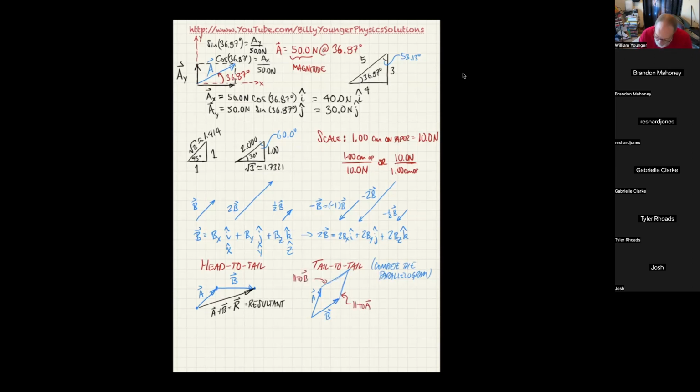Okay. So the sum of the two is in fact drawn from the common tail to the diametrically opposite corner. Like this. And I don't know why I'm drawing all my vectors crooked today, but that's not cool and I'm not liking it. Let's see if I can do it a better way. Let's do this.